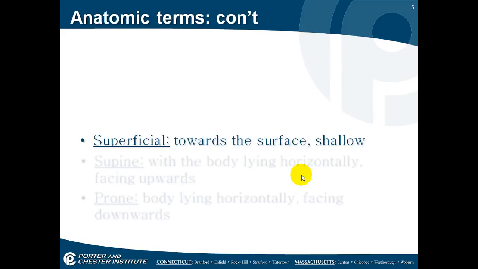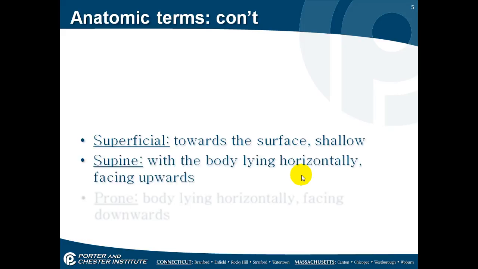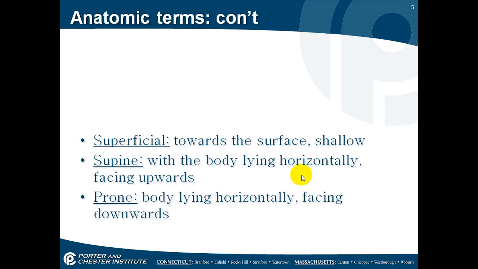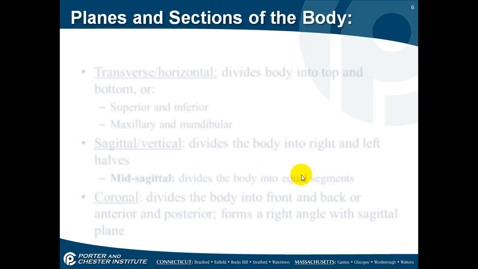Superficial refers to something that is positioned towards the surface, very shallow. Supine is when the body is lying down horizontally, facing upwards. Prone is when the body is lying horizontally but is facing downwards.